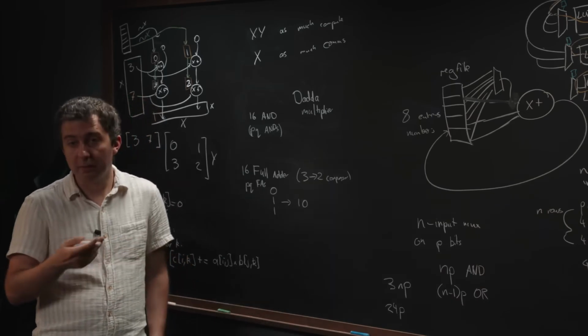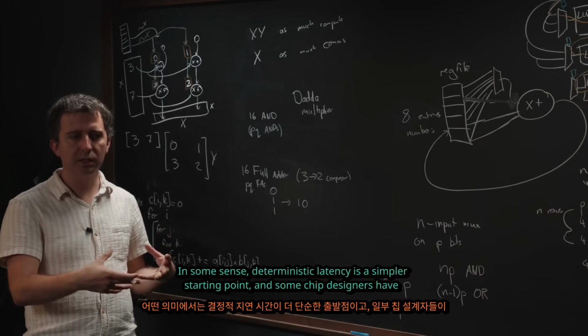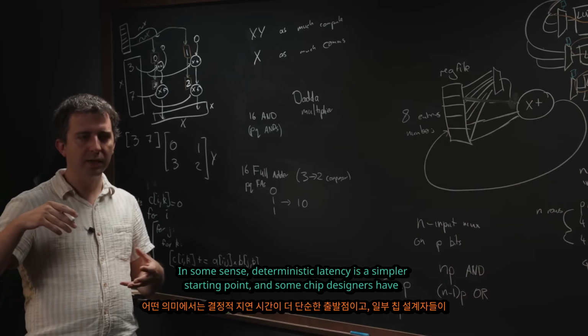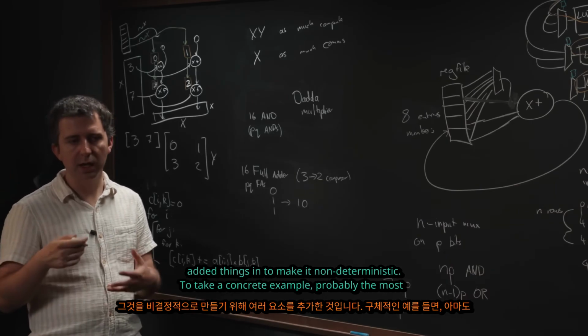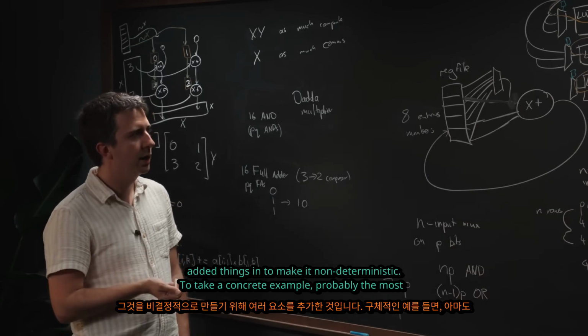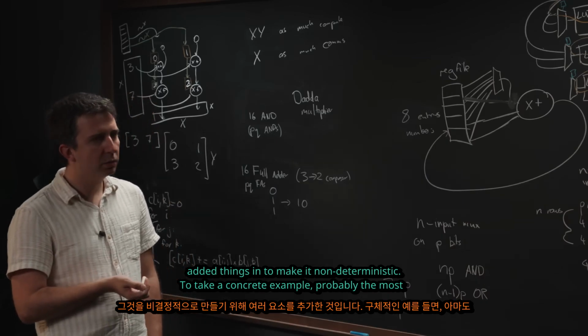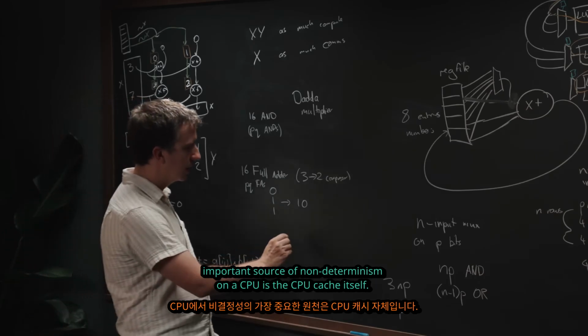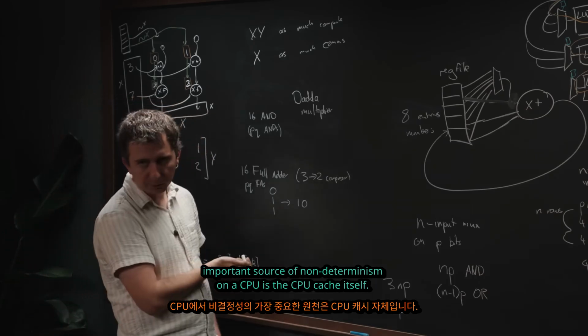But in some sense, deterministic latency is maybe a simpler design starting point, and then some chip designers have added things in to be non-deterministic. To take a concrete example, probably the most important example is the CPU cache itself.